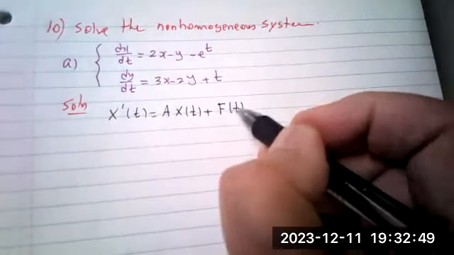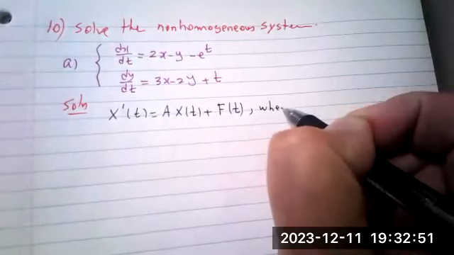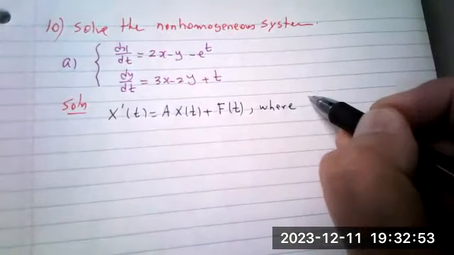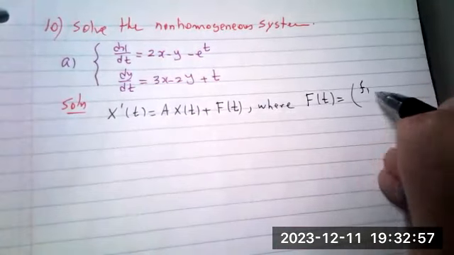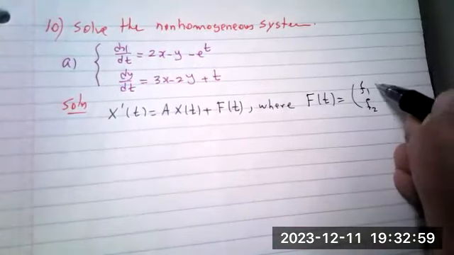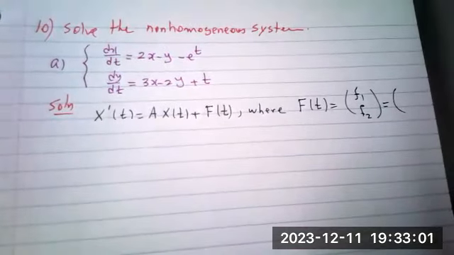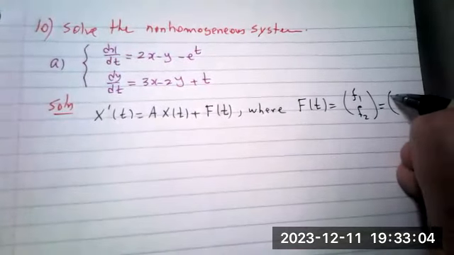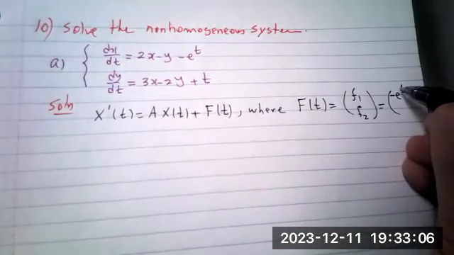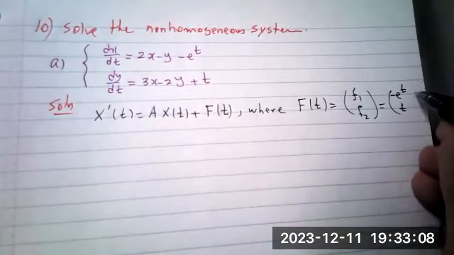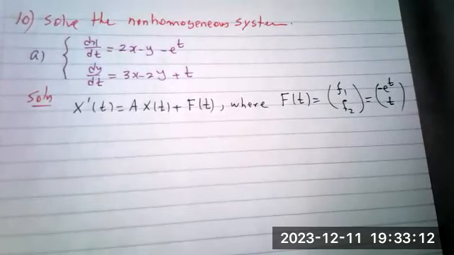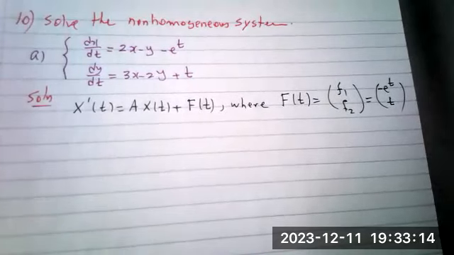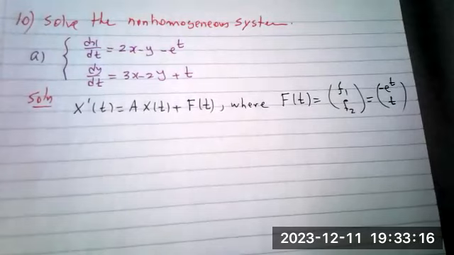So this extra term is going to be a column vector, f of t. We usually call it f1 and f2. In this case, f is negative e to the t, and t. I just use this notation, and I want to give you another formula so that you can use that one if you like.